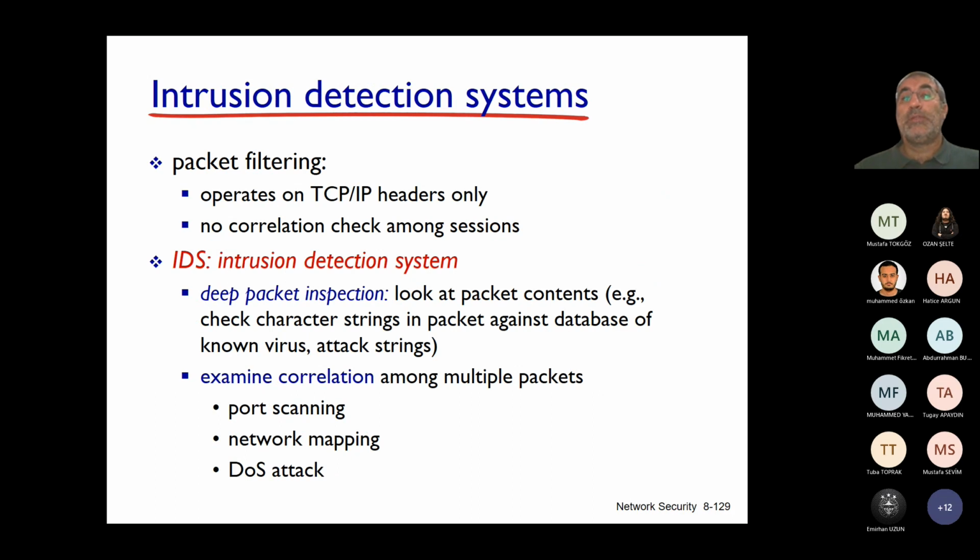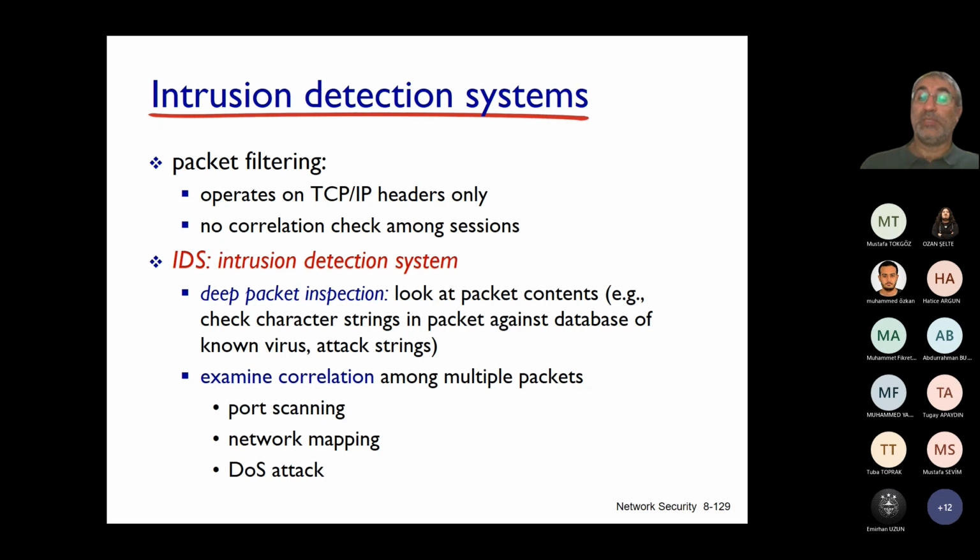Another one is intrusion detection systems. You apply packet filtering, which operates on the TCP/IP headers only. In terms of IDS, we have a different approach. The first approach is deep packet inspection, DPI.